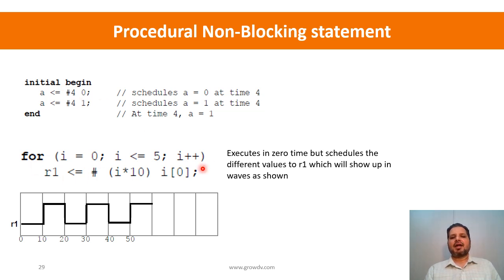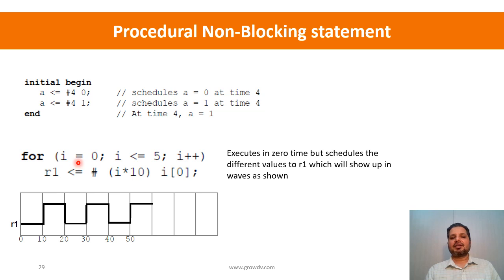And here we have a for loop. I'm saying for i equal to 0 to less than or equal to 5, and we are assigning values to a common variable r1, and this loop will complete execution in 0 time. It won't consume any delays. Because we are doing non-blocking assignments, all of them will complete in 0 time, but the actual value assignments will take place at different points of time.